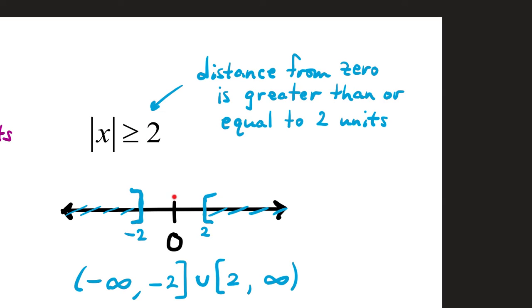Well, if you start at zero and you go 2 or more units away, then you have to stay less than or equal to -2, or greater than or equal to +2. That gives you 2 intervals of solution values. And since we're skipping over the ones in the middle, we use a union symbol to unite these 2 intervals as the solution.